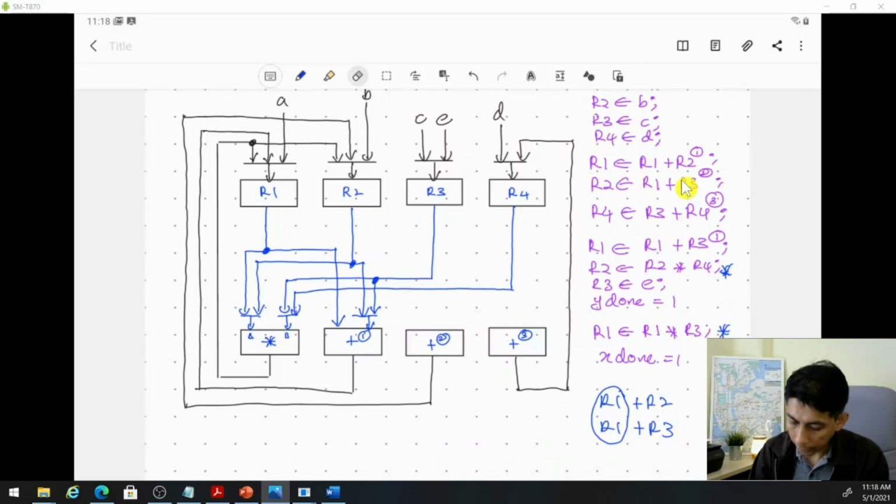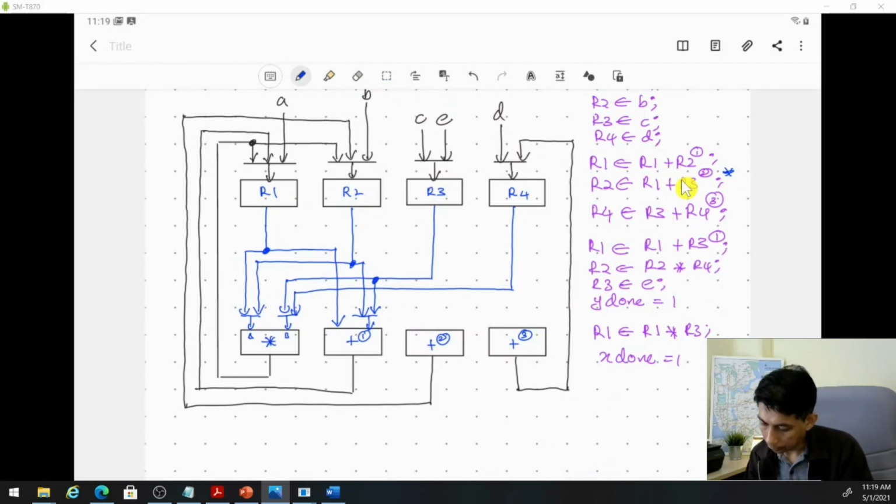What about adder number 2? We only have one operation here for adder number 2, so it should be easy.